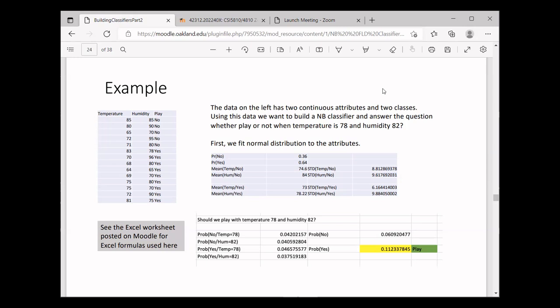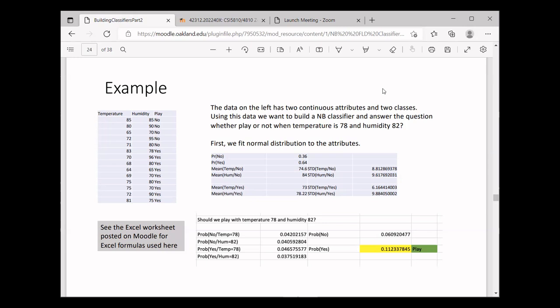All right. And based on those two sets of values or measurements, based on our past record, we have an idea whether we played under those circumstances or we did not play under those circumstances. All right. So basically our class label is play, yes or no. And the two features are temperature and humidity. All right. So basically this is our training data.